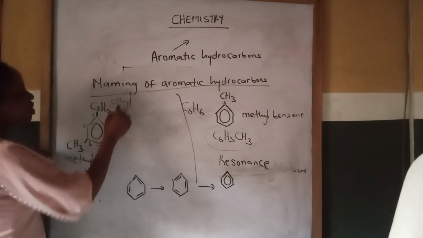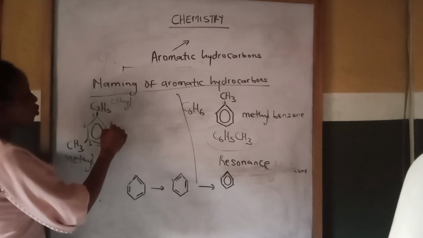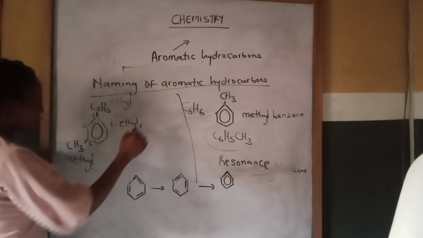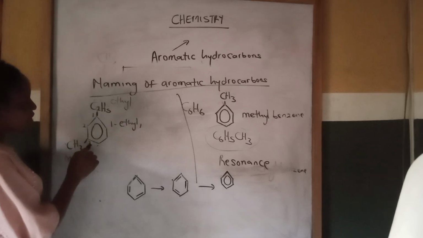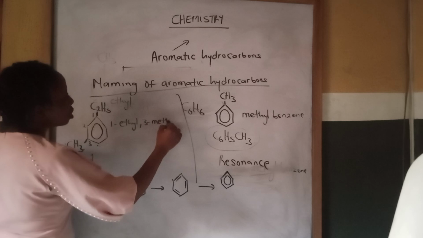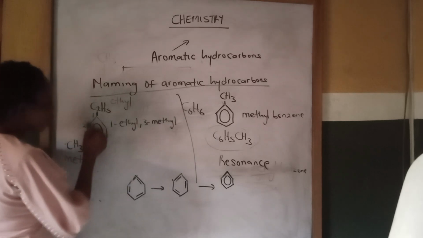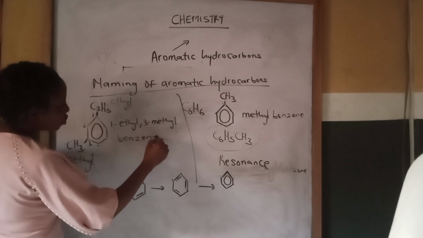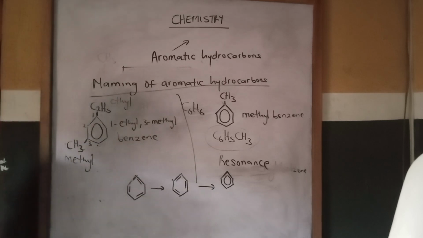So your ethyl is on the first carbon atom, you call it 1 ethyl, comma, then the methyl is on the third carbon atom, that will be 3 methyl, then the structure is benzene. So that is 1 ethyl, 3 methyl benzene.